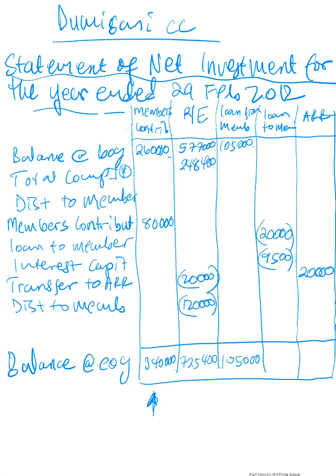Right, so let's look at the loan from members. Now we have to show the non-current liability and the current liability.